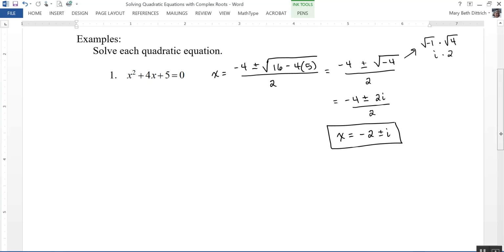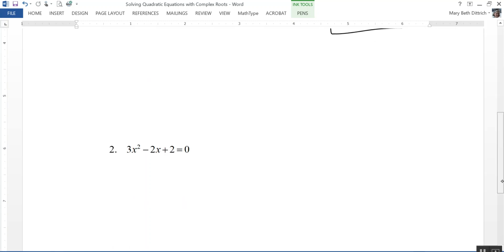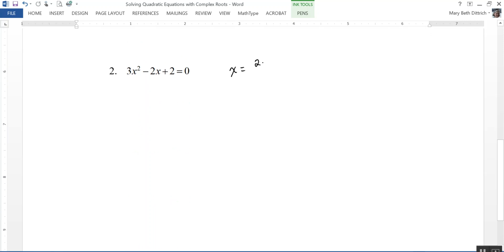Okay, let's take a look at another example here. Here we have 3x squared minus 2x plus 2 is equal to 0. So again, using the quadratic formula, x is equal to the opposite of b plus or minus the square root of b squared minus 4 times a times c, all divided by 2a.